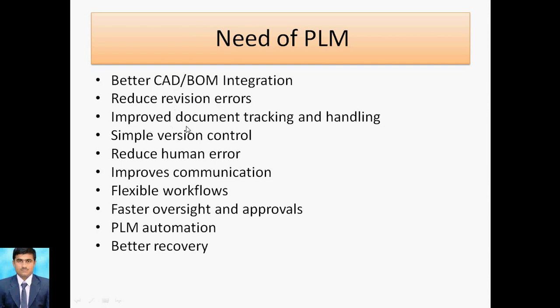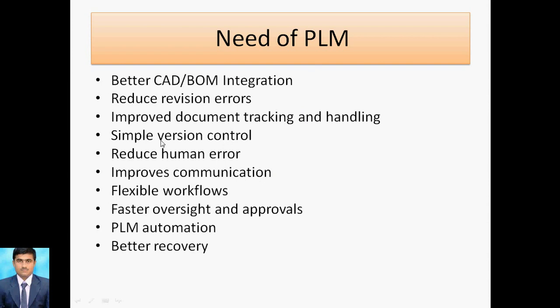The next point is improved document tracking and handling. With the help of the PLM system, we can track any document from the system. Then simple version control, which is also important for PLM. Then it improves communication, with connections between the customer, the supplier, and different people associated with employees.